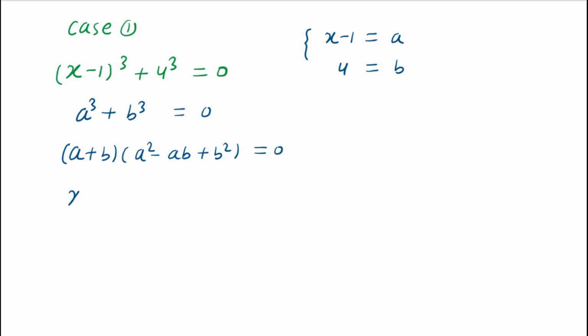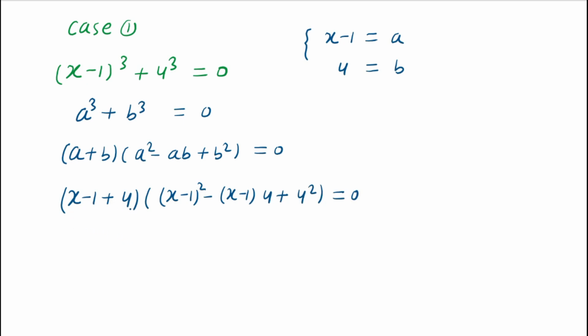So a is replaced by x - 1, plus b replaced by 4, and here a squared is replaced by (x - 1)^2, minus a is replaced by x - 1 times b replaced by 4, plus 4 squared, and this equals 0.